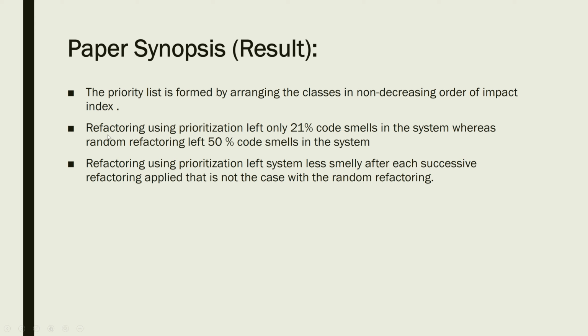However, the random refactoring, the one that's not prioritized, left 50% code smells in the system. And lastly, refactoring using prioritizations left the system less smelly after each successive refactoring applied. That is not the case with the random refactoring.